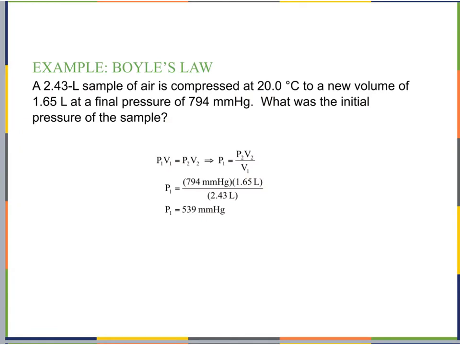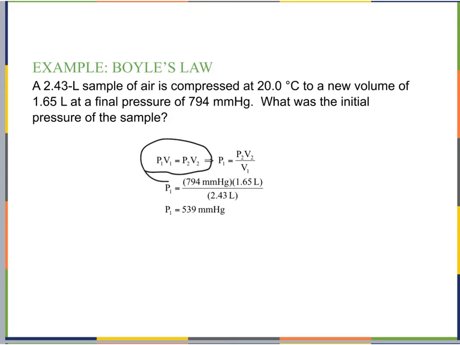So take a quick look at this. I'm not going to do much detail on this because we'll go over it a little bit more. Anyway, we can look at what initial pressure might be. We could be given 3 of these, right? So P1 V1 equals P2 V2. You've probably seen that before. You've probably worked that before.